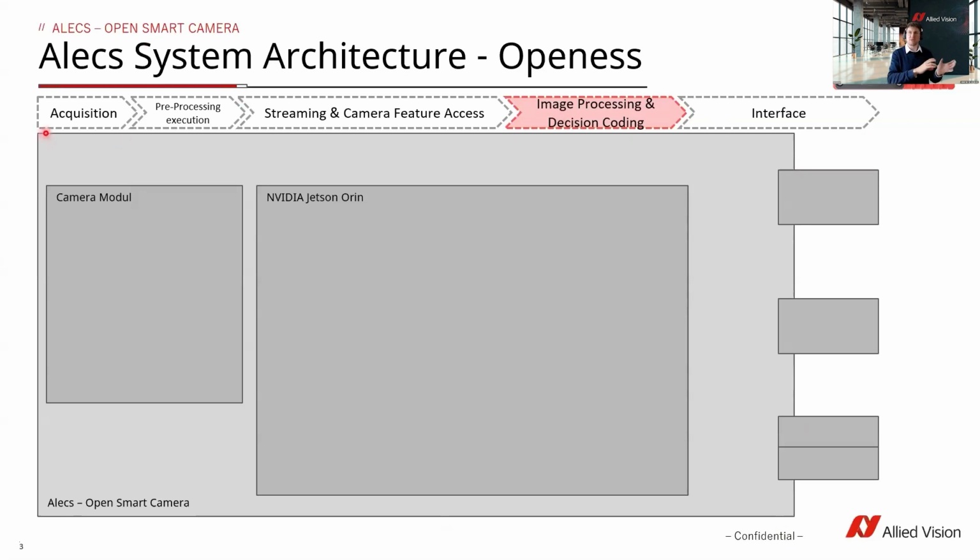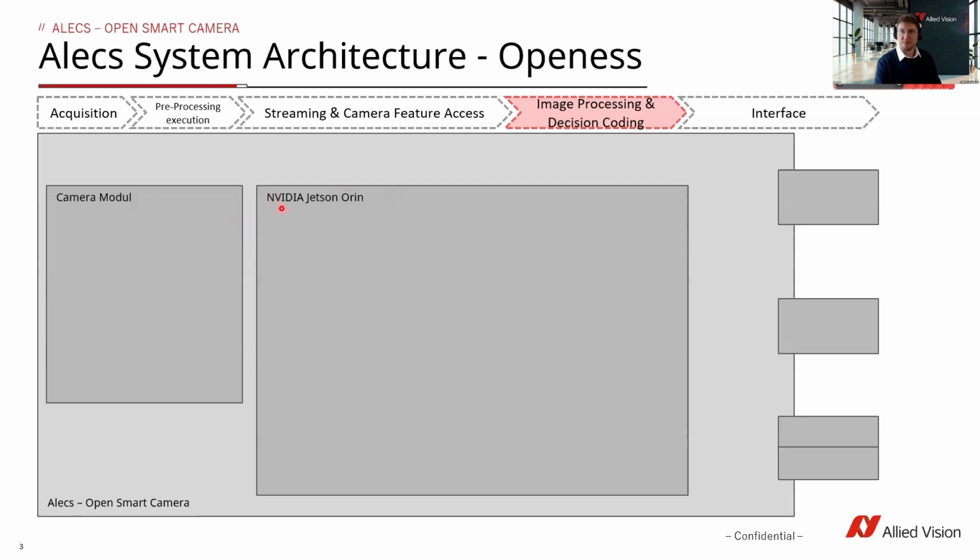There is where you capture the images. Then we have a pre-processing execution path, which means the pre-processing of the images, white balancing, Bayer pattern, or everything for the image pre-processing will happen somewhere on the camera module.